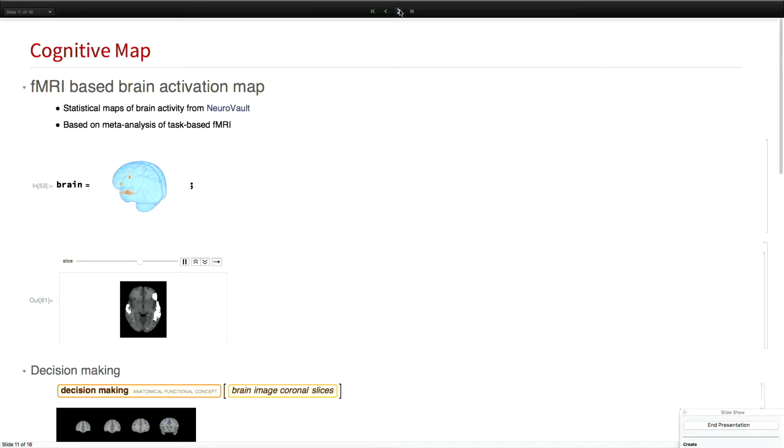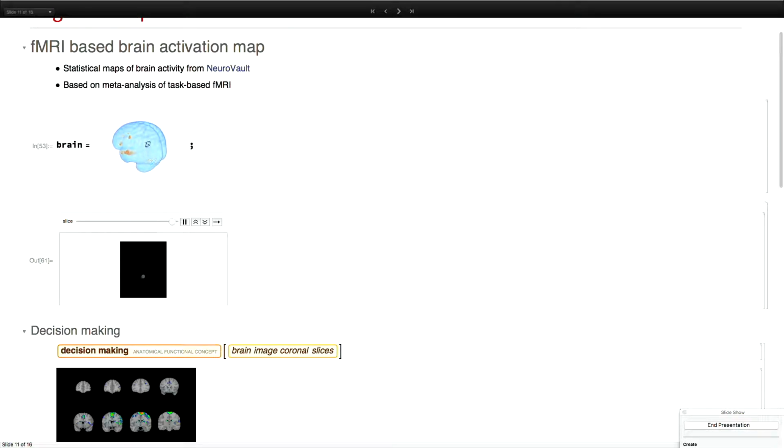fMRI is a powerful tool to detect subtle changes in brain activities. And we have statistical maps of brain activity from a database called Neuroboard, which is based on meta-analysis of task-based fMRI. So this is the original data. It's voxel data.